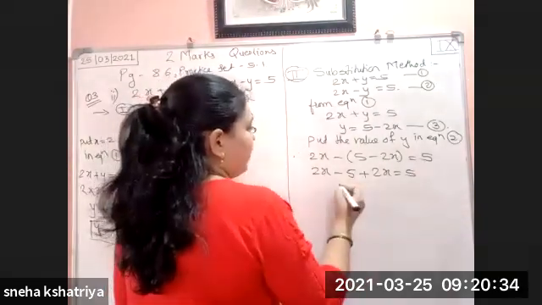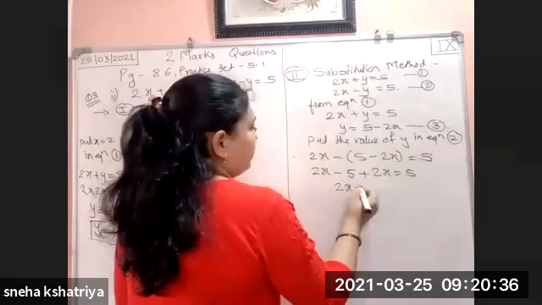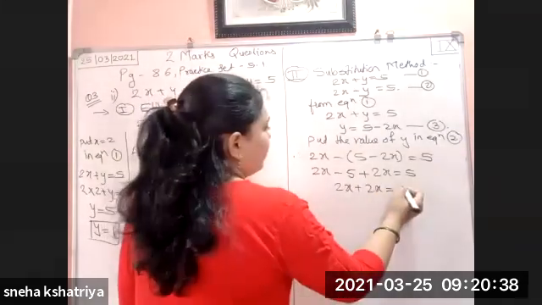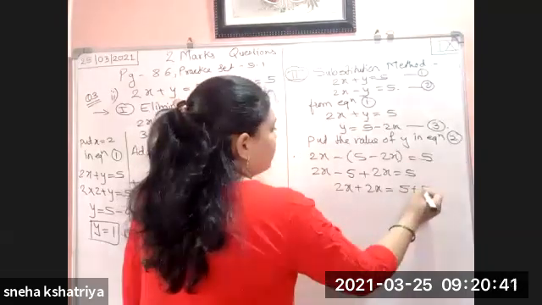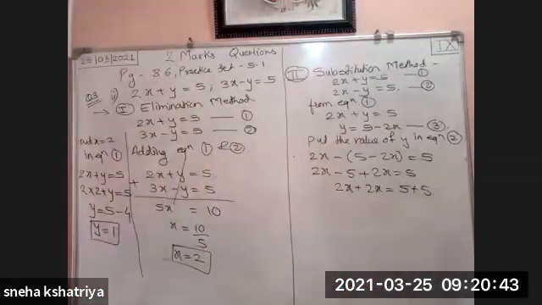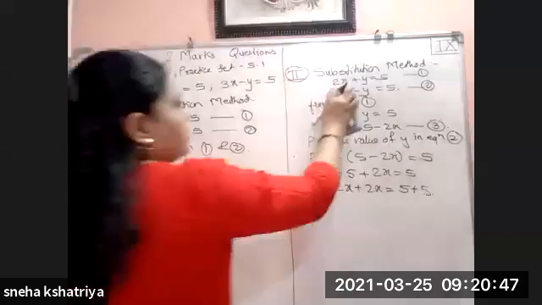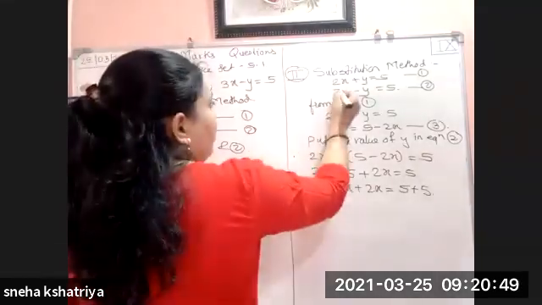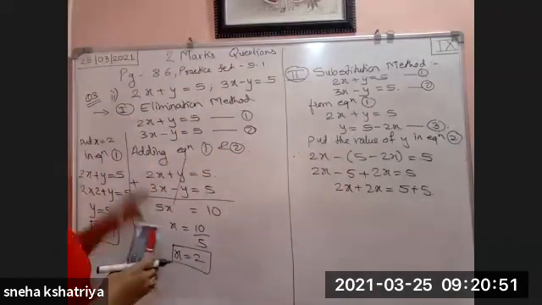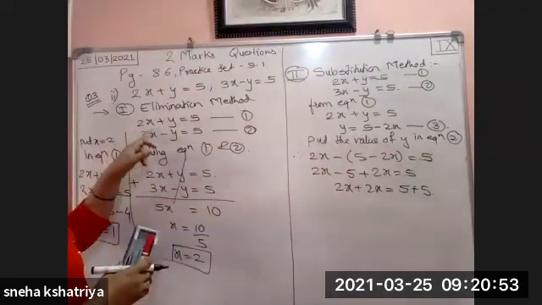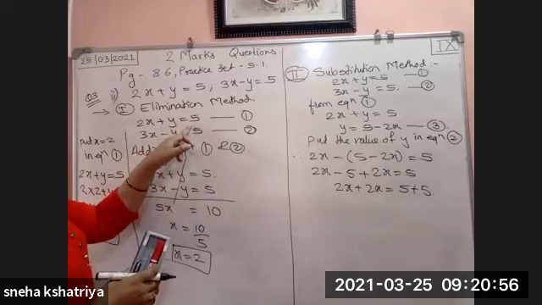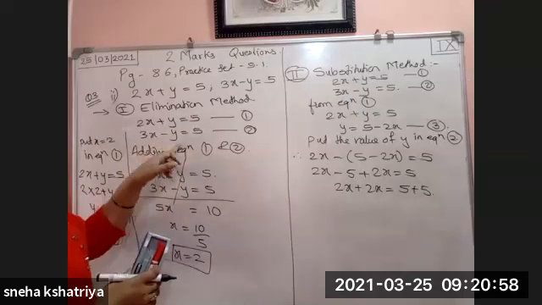Minus 5 shift to the right hand side. Here it will remain 2x plus 2x, which is equal to 5 plus 5. So sorry, this is 3 here, not 2. 2x plus y is equal to 5 and 3x minus y is equal to 5.